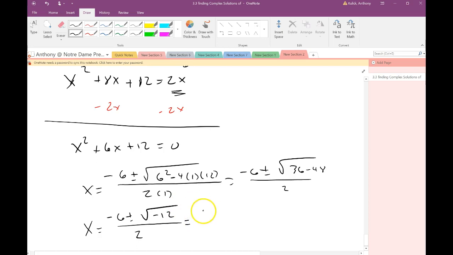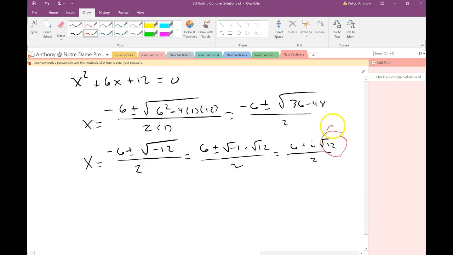And if I remember back from lesson 3.2, the square root of negative, I mean that as negative 1 times the square root of 12, and the square root of negative 1 is the same thing as i. Now I have to check to see if there's more simplifying I can do in that radical. Square root of 12, well sure there is. This is the square root of 4 times the square root of 3, and the square root of 4 is just 2. So we can say this is negative 6 plus or minus 2i square root of 3, all over 2.